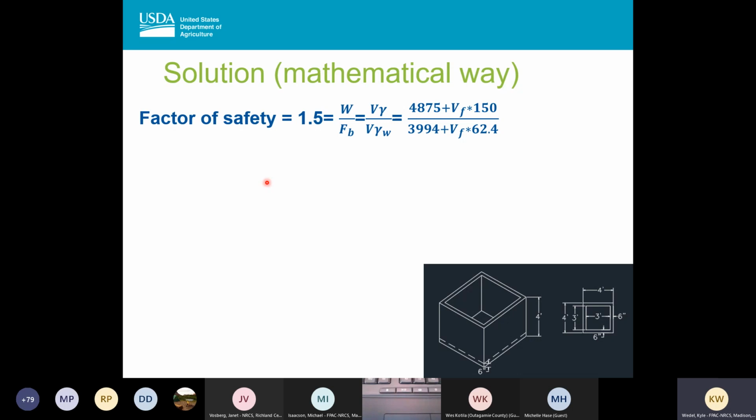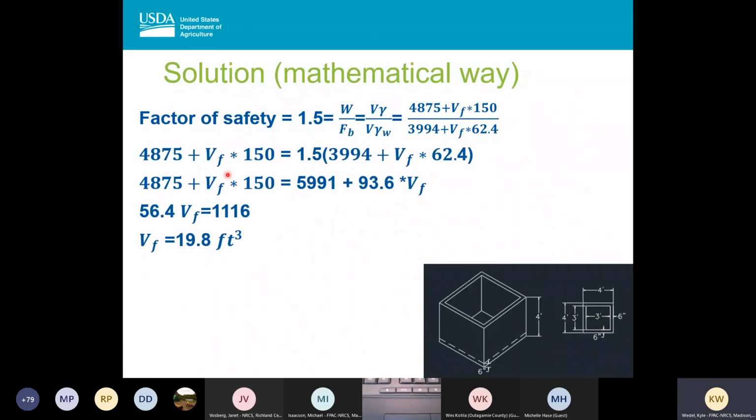I'm not going to dive too much into the math, but ultimately you know that your factor of safety equals 1.5, and that you're going to get your weight over buoyancy, and you can solve out your equation so that the volume of footer is your only variable.